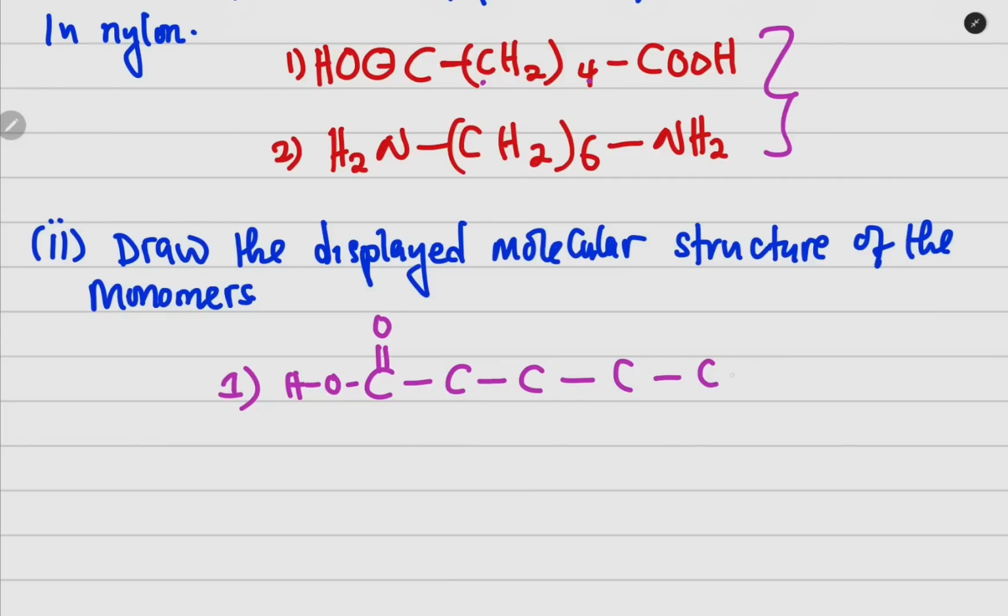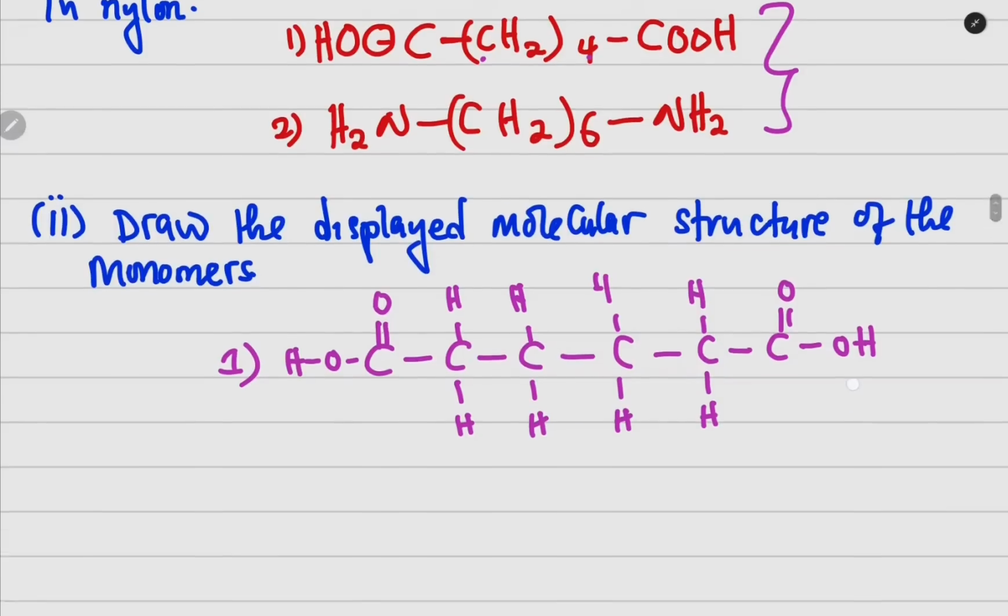Then these 4 carbons are attached to this part. I guess you're following here. Then of course we have hydrogens around it, and also hydrogens there, something like this. Okay, so this is how it should appear.